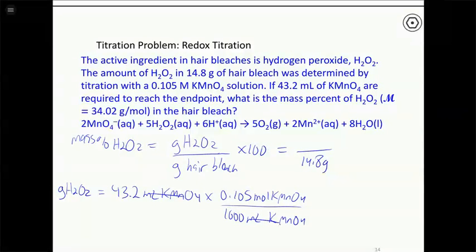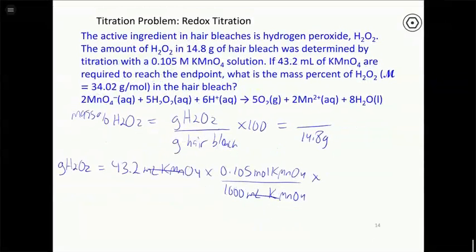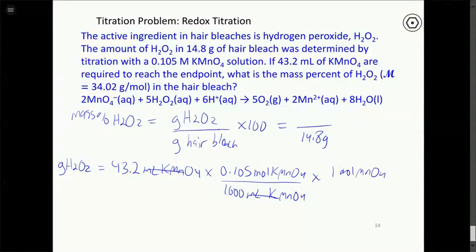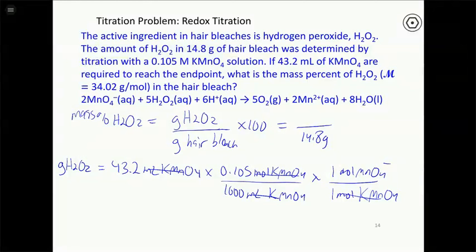So if we want to write this out explicitly, we can realize that there is 1 mole of MnO4 minus for every 1 mole of KMnO4. That may be obvious just by looking at it, but the balanced reaction is just given to us as an ionic equation, so we should recognize that there's 1 mole of MnO4 minus per mole of KMnO4, because that's what we're technically adding, but it's KMnO4, only one ion there.